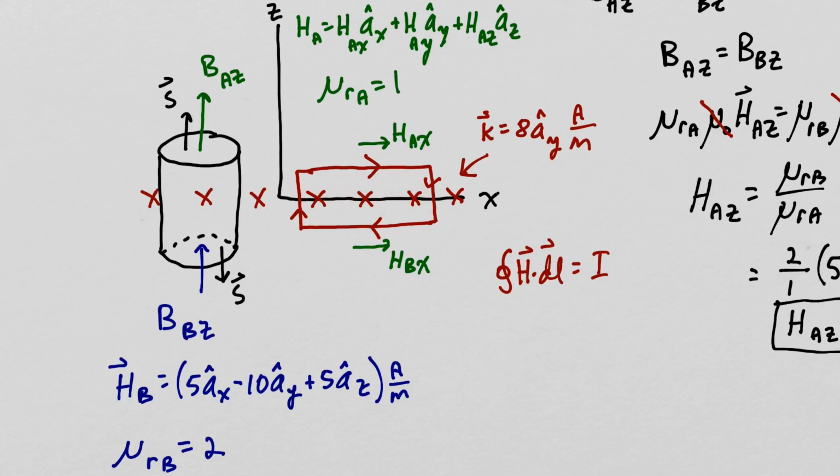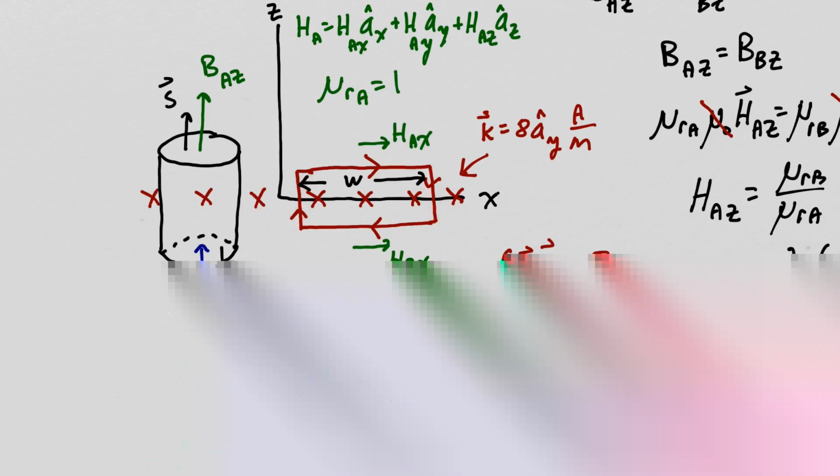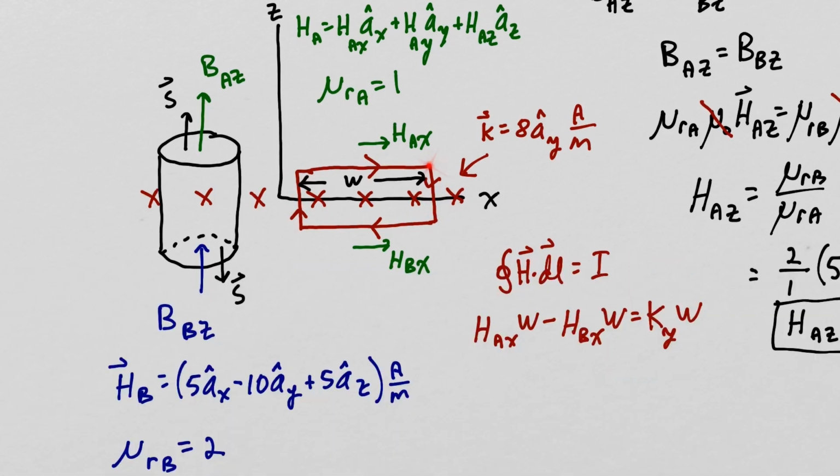So the integral along this top segment will be H sub Ax times this length W. The integrals on the right and left side will have the same magnitudes but opposite signs because you're integrating in opposite directions, so they will sum to 0. And the integral along the bottom segment will be minus H sub bx times W, the minus sign coming because you're integrating in the opposite direction that we have defined H sub bx.